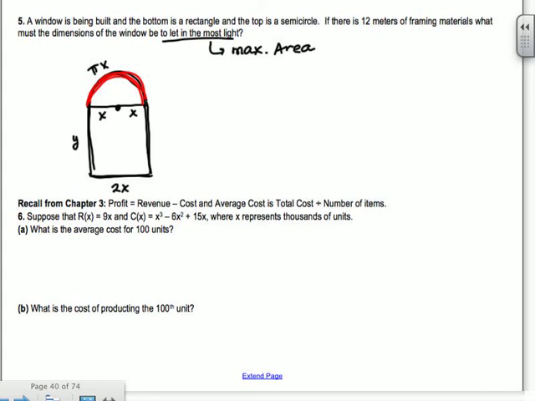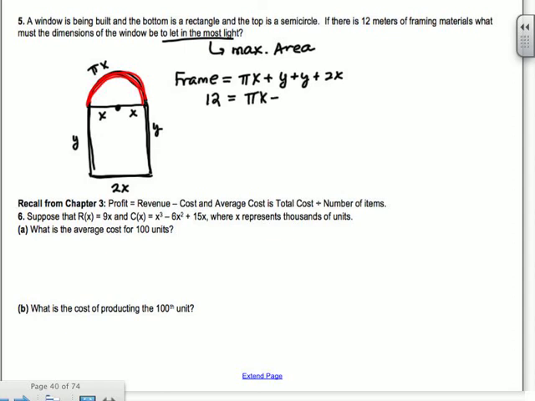Then I have y and y. So my frame is made by half of the circumference, pi times x, plus y plus y plus 2x. And I know I have 12 meters for that frame.